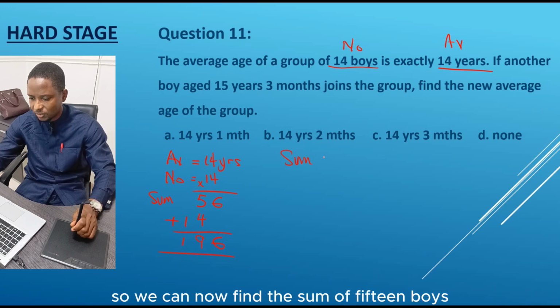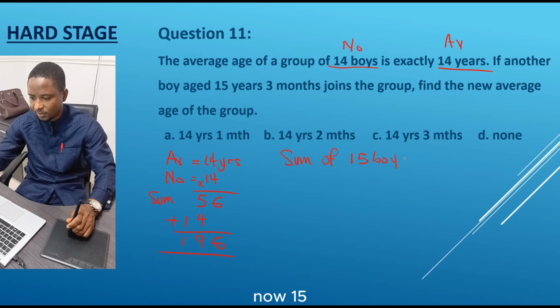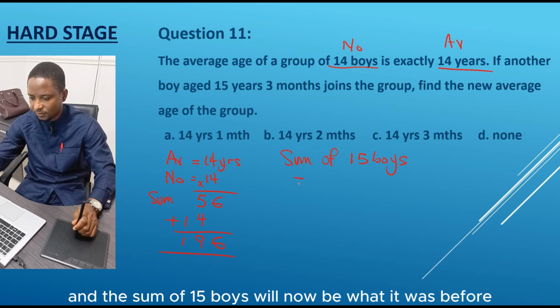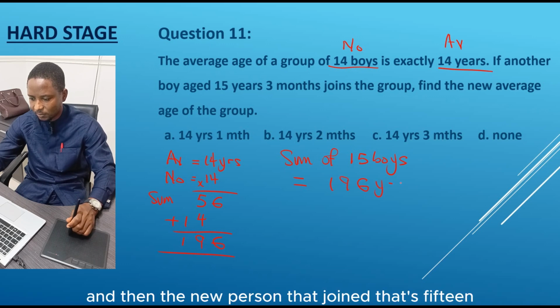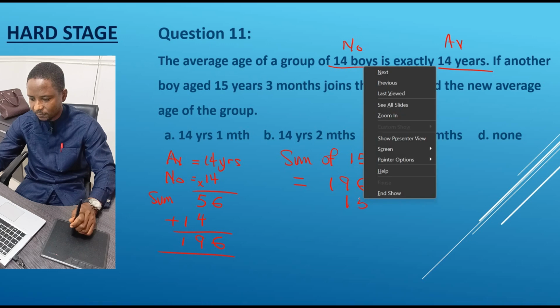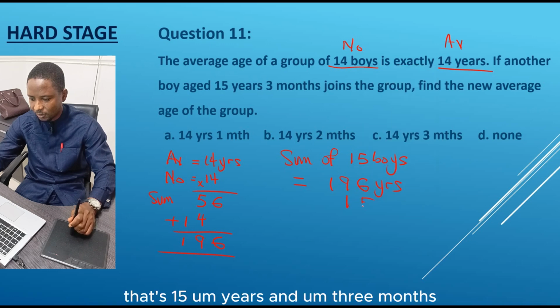So we can now find the sum of 15 boys. The sum of 15 boys will now be what it was before, plus the new person that joined, that's 15 years and 3 months.